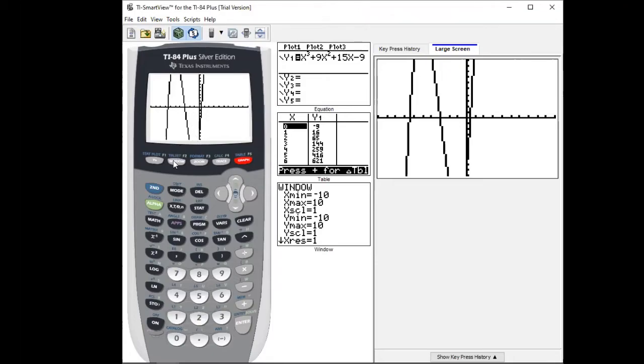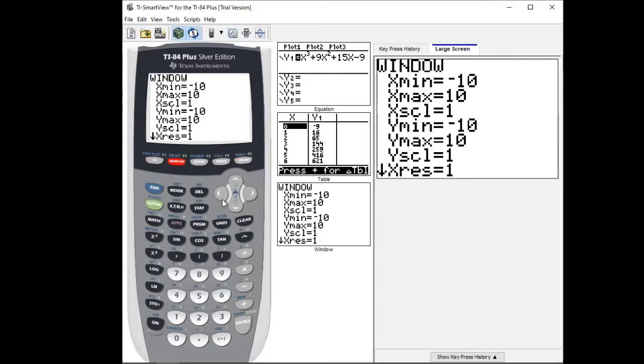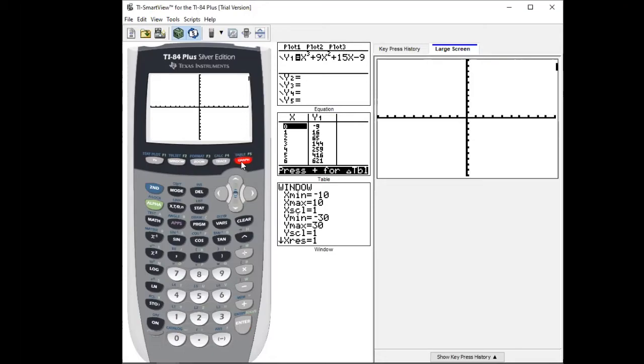So I have no choice but to mess with my window. So I'm going to go down, and I'm going to change my scale. Okay. Now I'm going to try again and see how it looks.